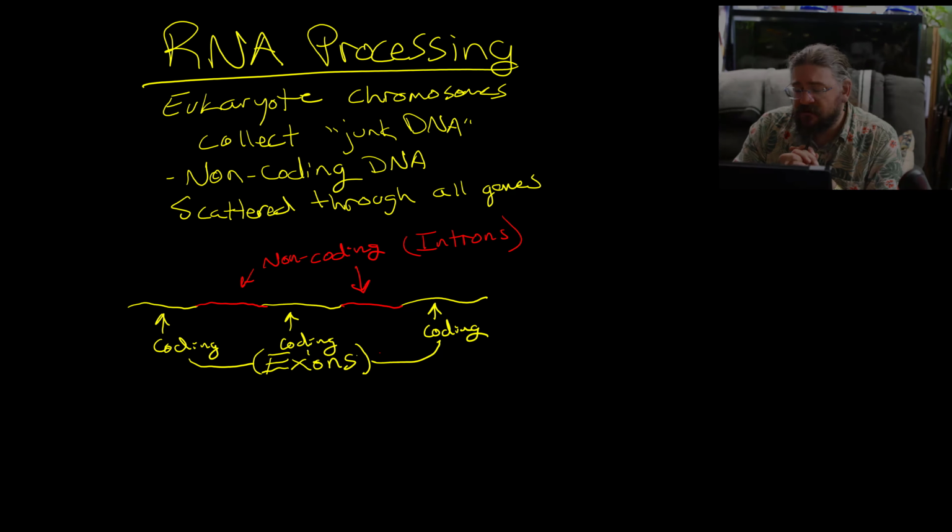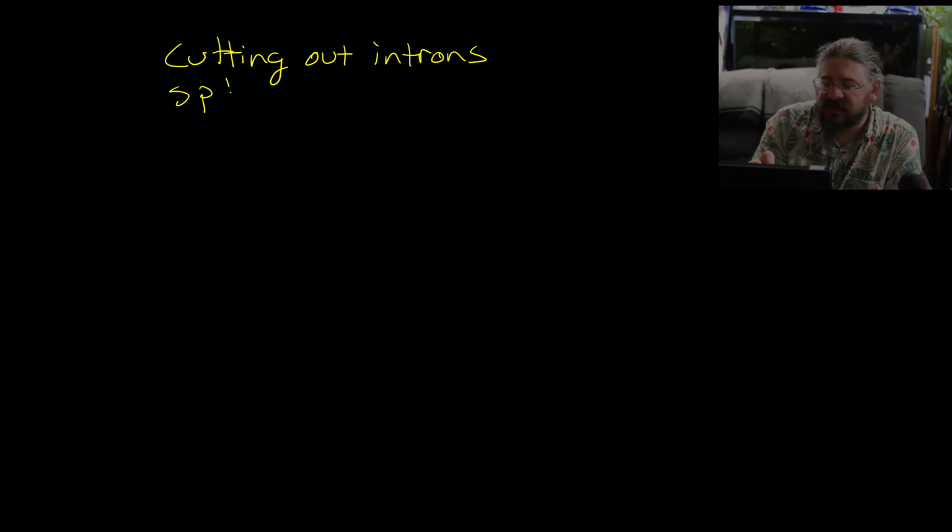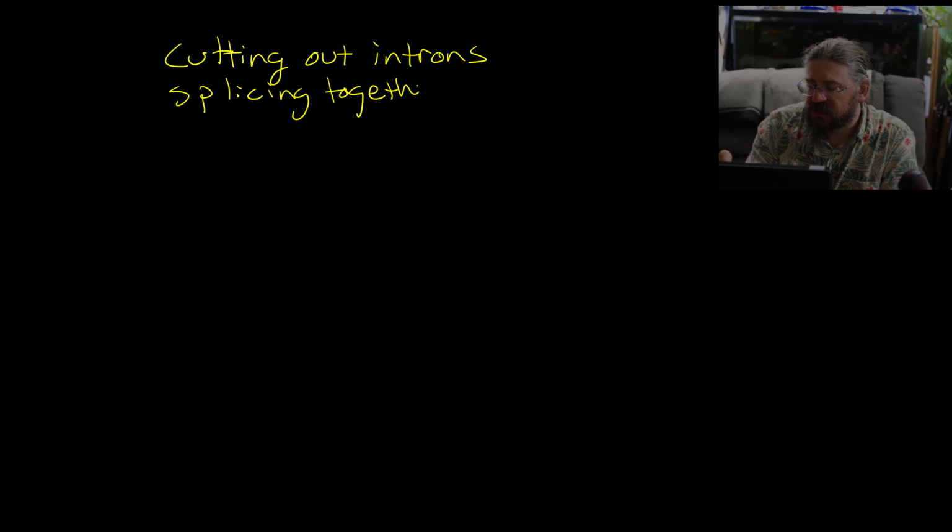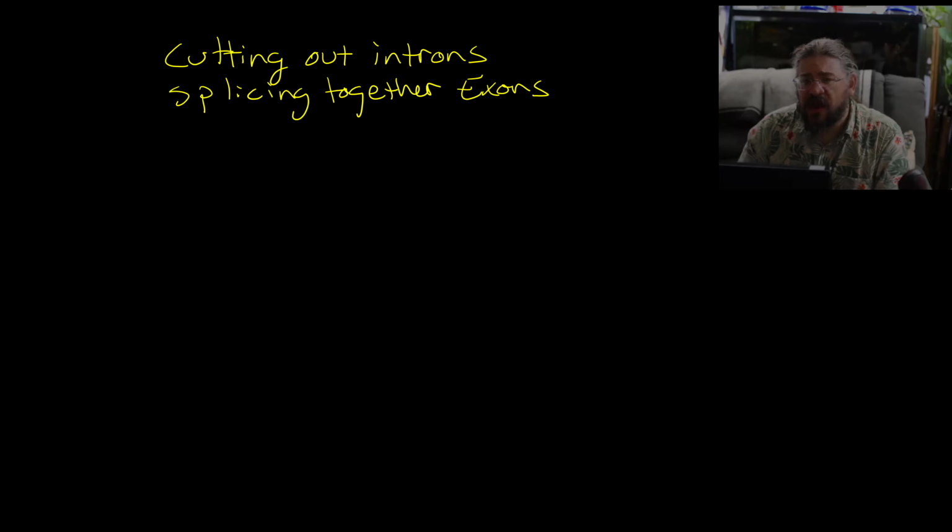It won't have the proper functionality, which means the first step in RNA processing is getting rid of introns, cutting out introns, and splicing together exons. What we need is an all exon strand of mRNA.